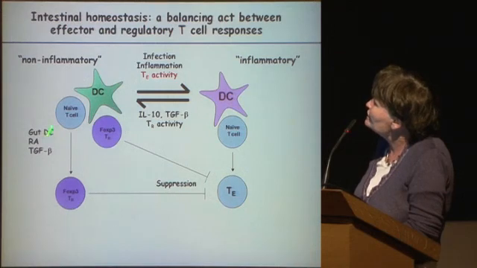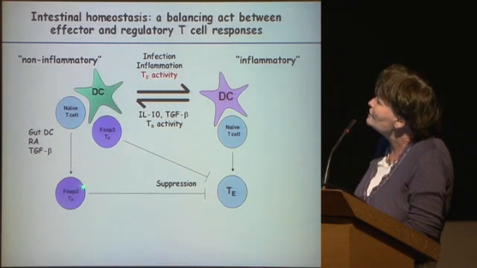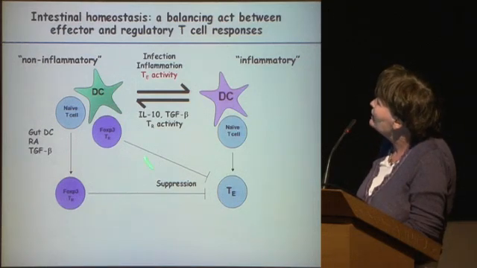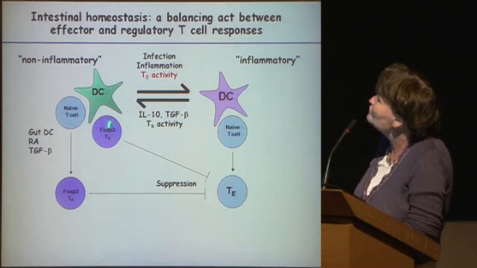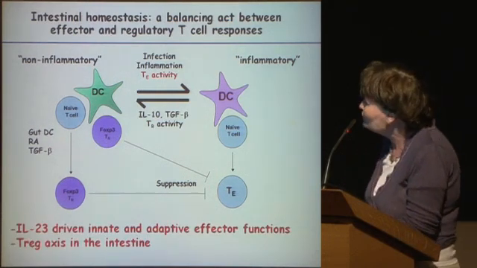It's also clear that the intestine is a preferential site for the induction of FOXP3 positive cells from naive precursors under the control of specialized dendritic cells, retinoic acid, and TGF-beta. So how this process is controlled and what promotes inflammation versus control of this is important to be able to dissect.